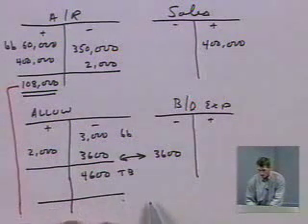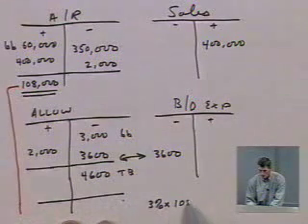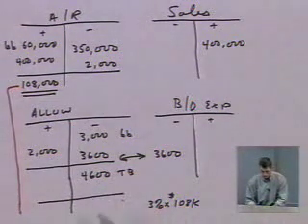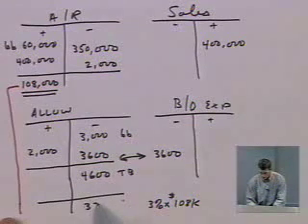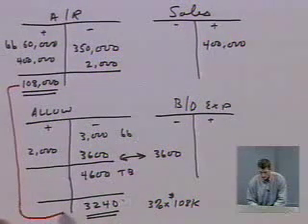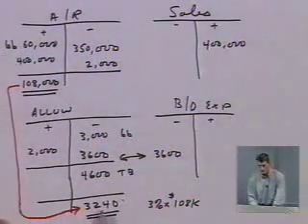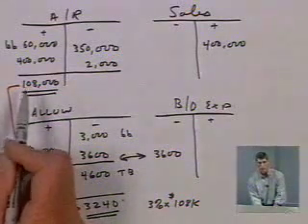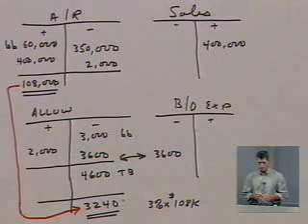It should be 3% times 108, and that turns out to be 3,240. Notice that's an ending balance, a nice double line. And I'll take this line down, right? This ending balance comes directly from the ending balance in accounts receivable. Again, critical to understand that relationship.